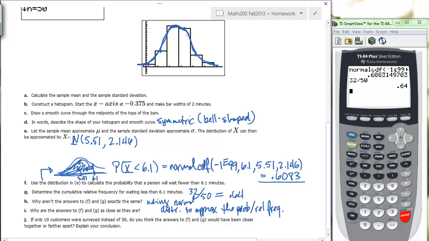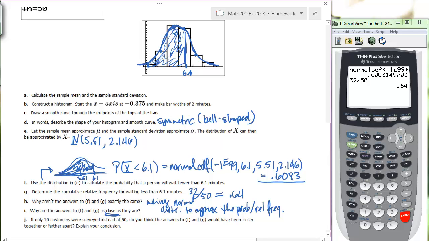Because what we're doing is we're essentially finding out all those values that are less than 6.1. Finding the exact frequency based on our data would be looking at the bar graphs, and finding the approximated frequency using the distribution would be using the area under the curve. Well, it looks like the area under the curve, our bell-shaped curve, mimics our bar graphs, our histogram, pretty closely. So I think that's why we have a good approximation.